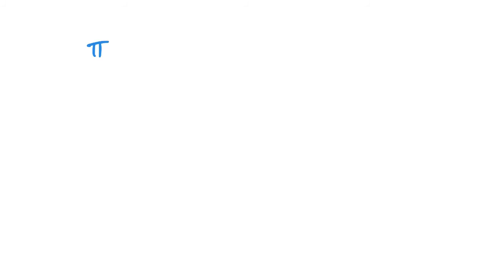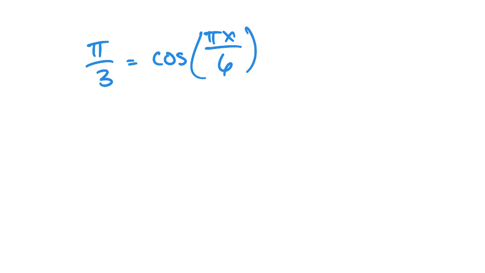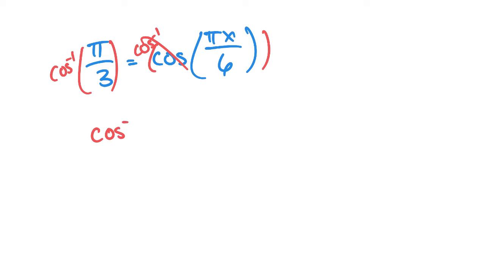So it was pi over 3 is equal to the cosine of pi x over 6. So to go ahead and get rid of that cosine, I need to do the inverse cosine of both sides. At this point, I know that I probably am going to end up using my calculator, and you'd be able to use your calculator for a problem like this. But I would have the inverse cosine of pi over 3 is equal to pi x over 6.